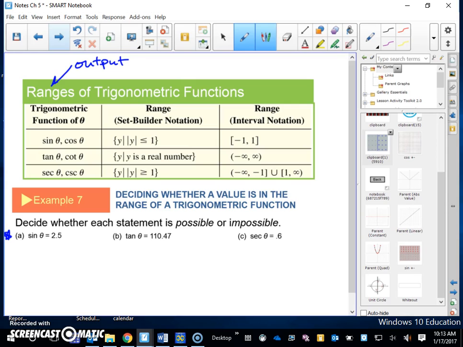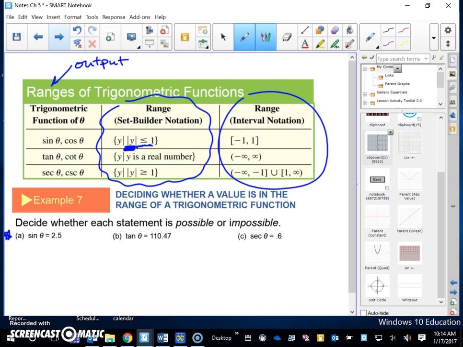And so the range for the trig functions, when you look at set builder notation, I want you to try to make sense of that. I know it's difficult to read, but I want you to try. This says that the magnitude of y is less than or equal to 1. I think it's easier to see over here.